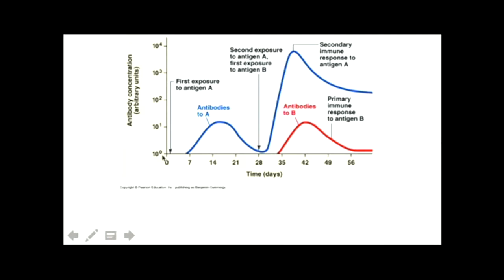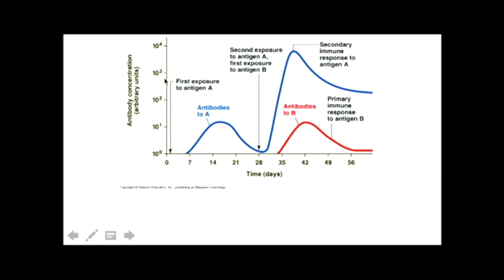So when you're first exposed to an antigen, you form antibodies to it over time, and then those will kind of drop down as you no longer need them. But then once you're exposed for a second time, look at what happens to your antibody response. So this is where you have that clonal expansion background. You've got everything waiting to respond.